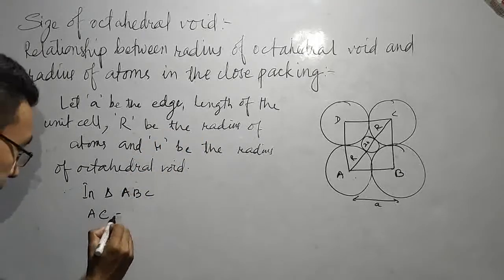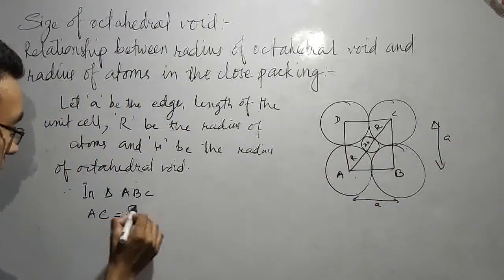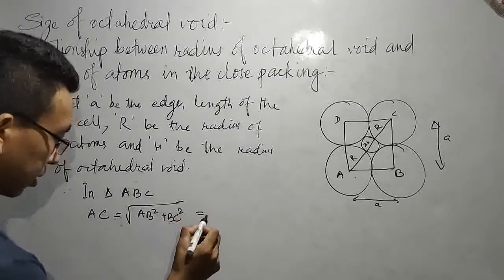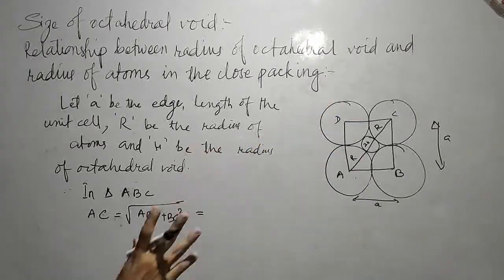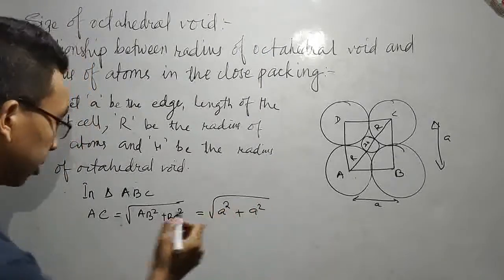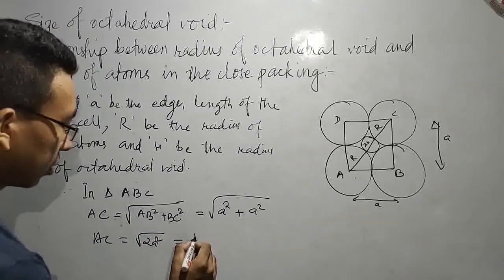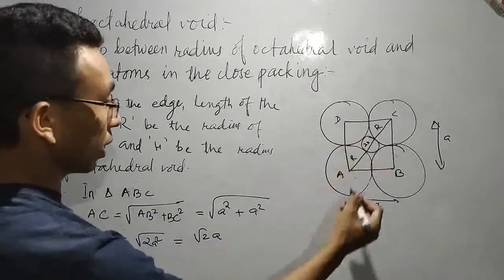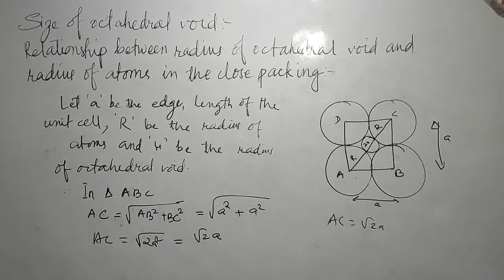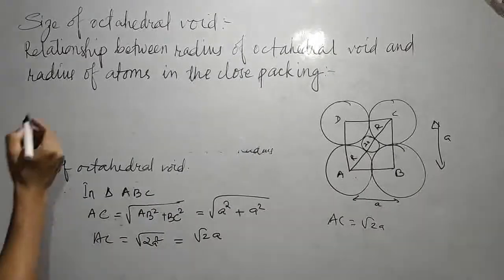Here let us try to find out AC. AC equals, this side also will be A only, isn't it? AC equals root over AB square plus BC square. Now we take in terms of A. So that is A square plus A square, then AC equals root over 2A square, which is equal to root 2 A. So AC is equal to root 2 A. The next one is AB.